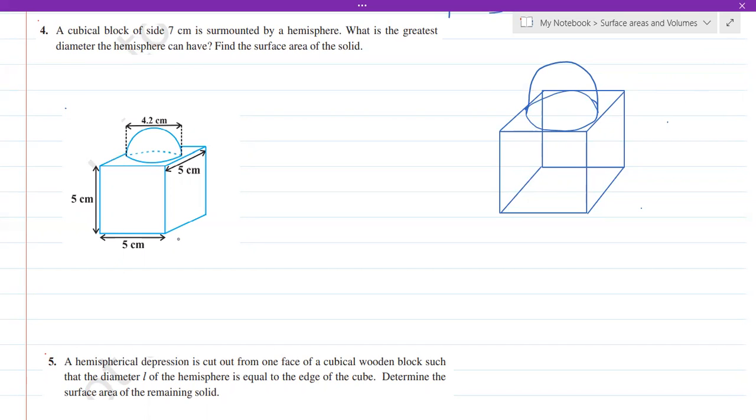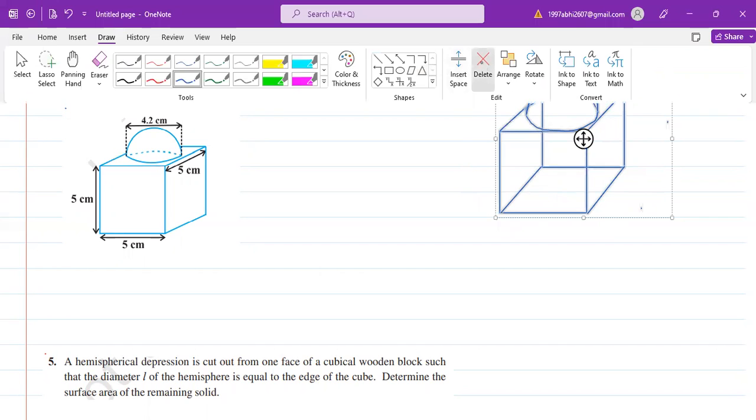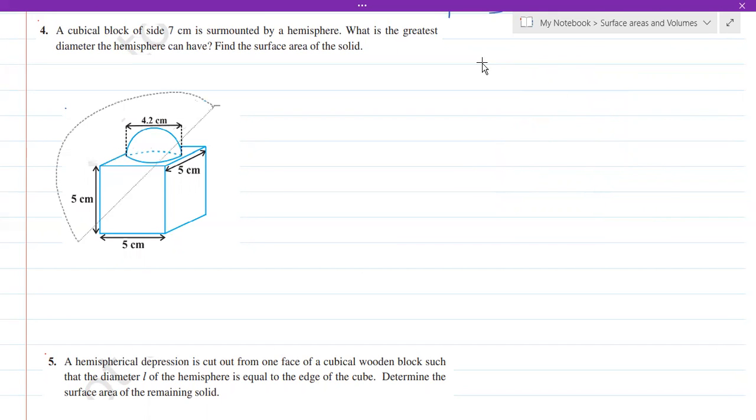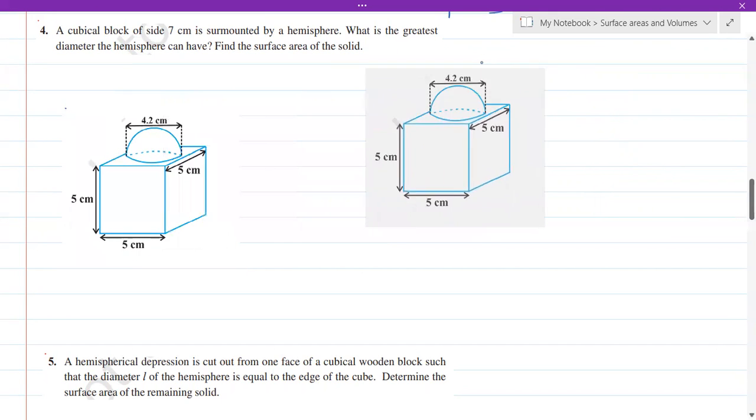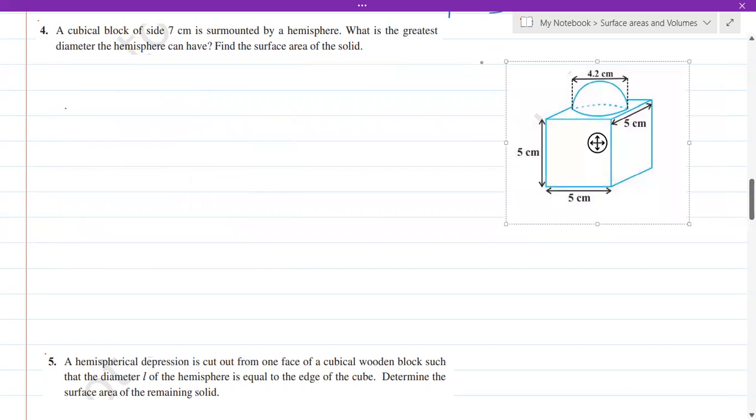Now let's discard this figure which I have drawn. Let's take this figure, and remember the dimensions are different. Only for our understanding we have kept this figure. For time being, let's cancel these dimensions. Instead of that we'll take 7 centimeter.